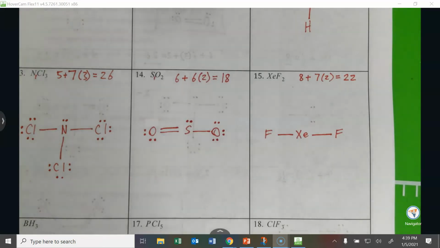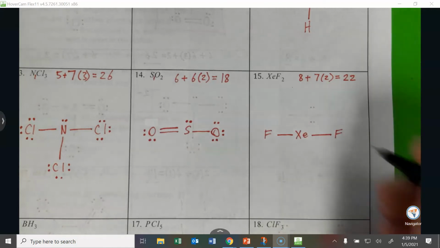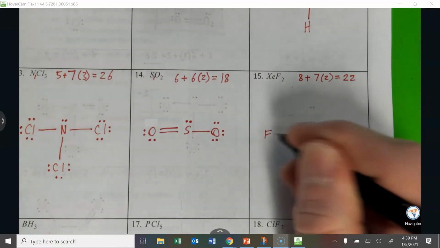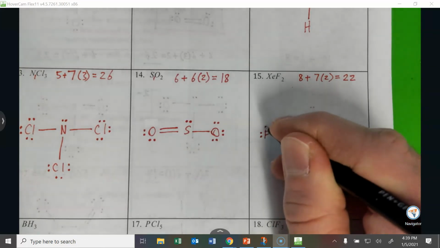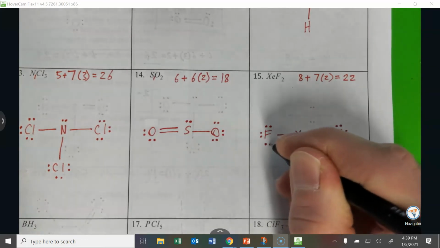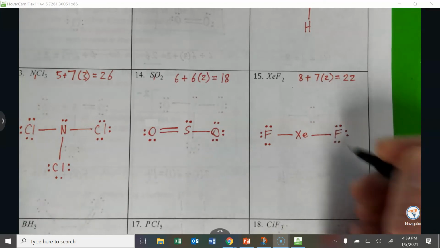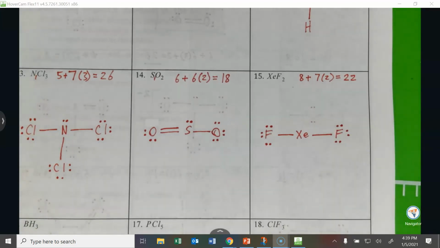Okay, so the skeleton, connect them with a single bond. All right, and I need to get to 22. I've only got 4 there. 2, 4, 6, 8, 10, 12, 14, 16. We always make the outsiders happy first. So we got to 16.